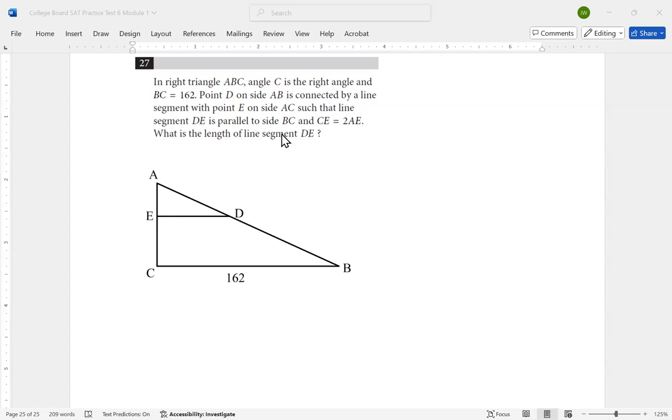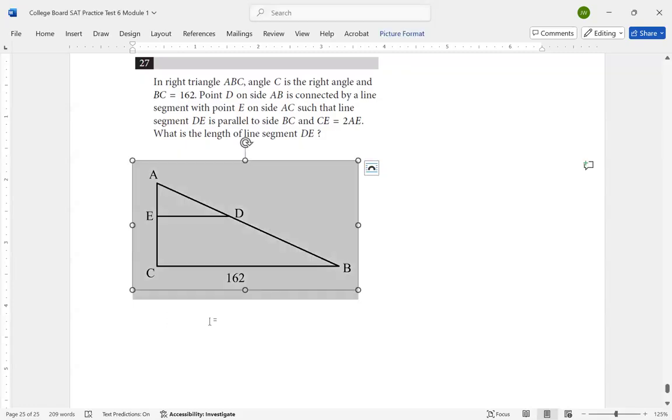And if side length BC is 162, we know that AE times 2 is equal to CE. So let me write that down.